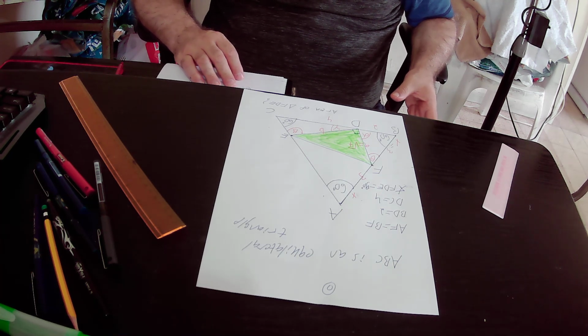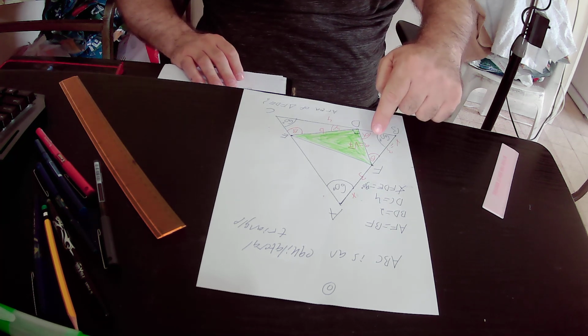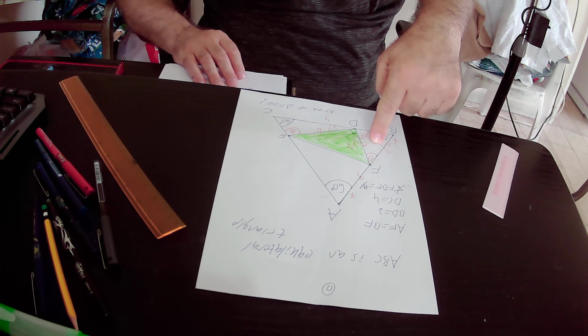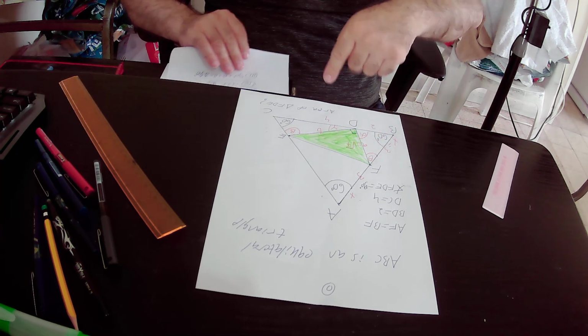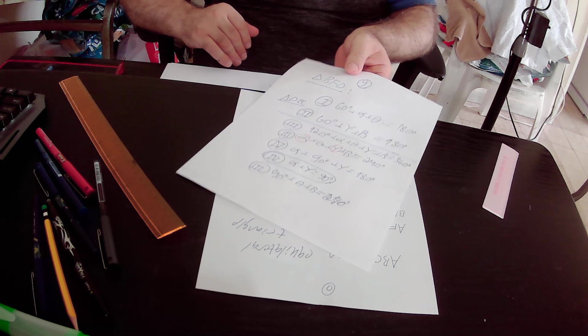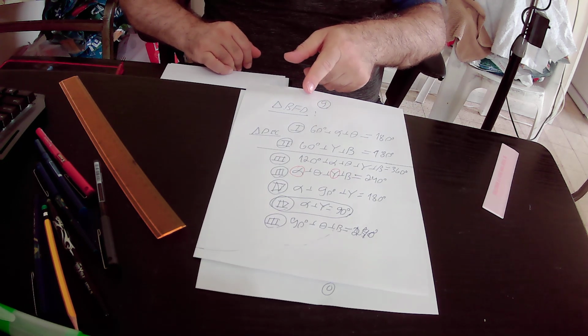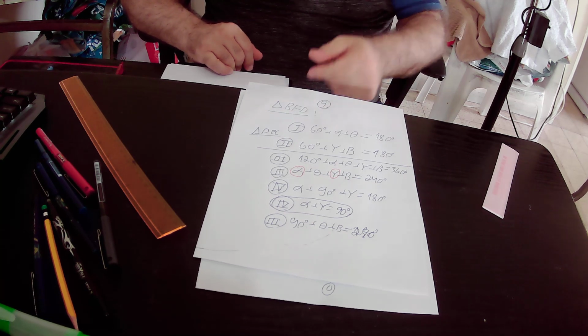In the next step, we created 4 equations. Equation number 1 states that the sum of the angles in any triangle, and especially in triangle BFD, equals 180 degrees. Then we created our second equation, which states that the sum of the angles in triangle DEC equals 180 degrees.